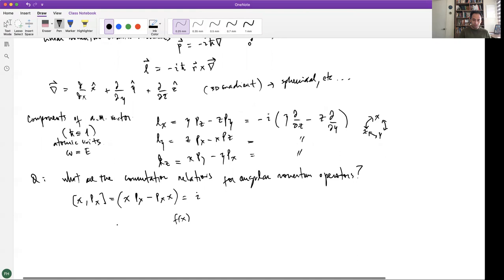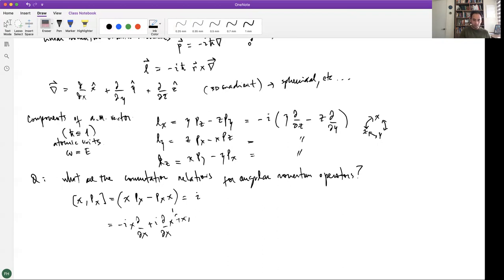And then you explicitly write minus i x d/dx, and then plus i d/dx of x f(x). So let's call it f and this of this.